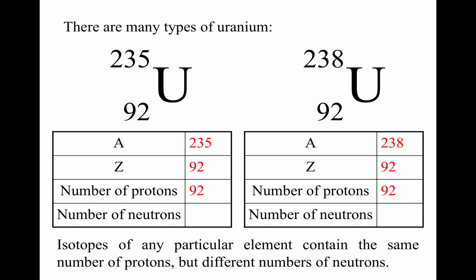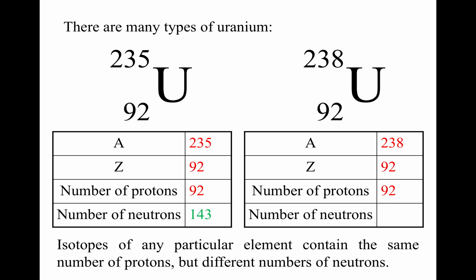Once we have both A and Z filled in, we're able to figure out how many neutrons something has. Remember that the number of neutrons comes from A minus Z, or the atomic mass minus the number of protons. So for the one on the left, that would be 235 minus 92, and that would give us 143 neutrons.